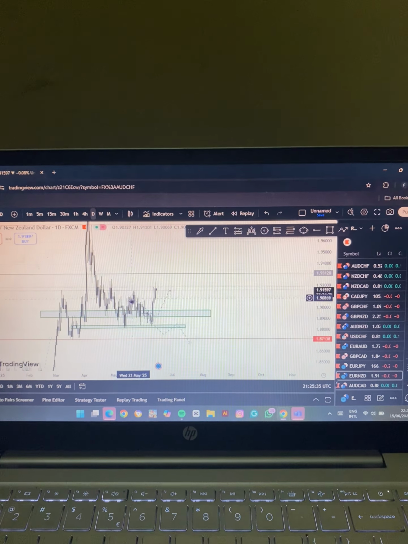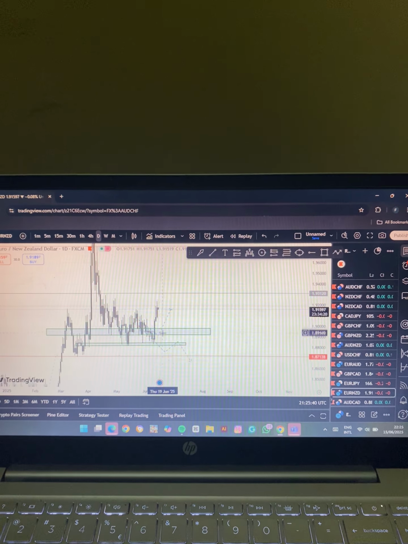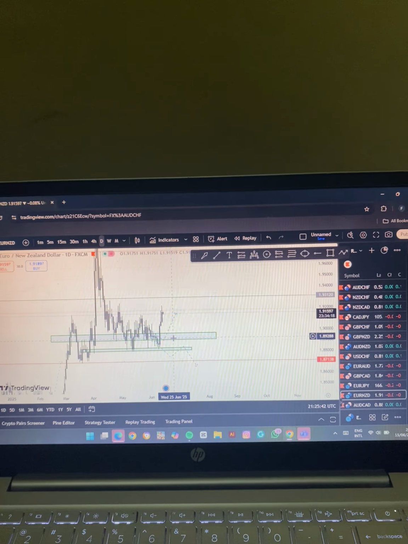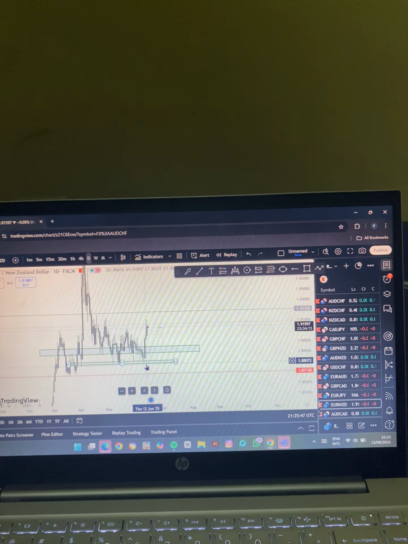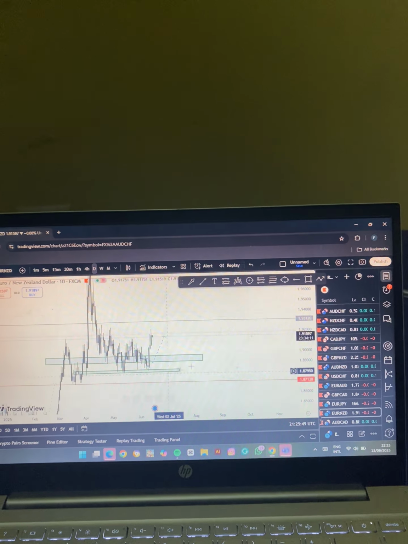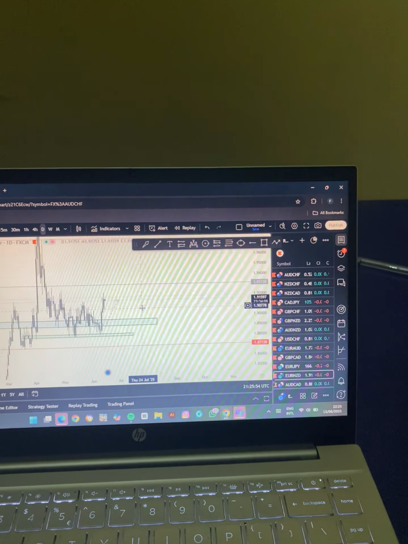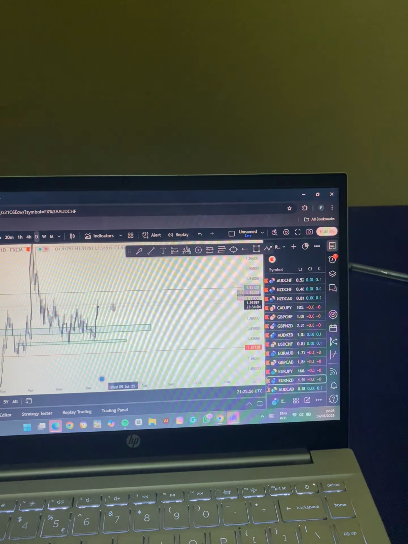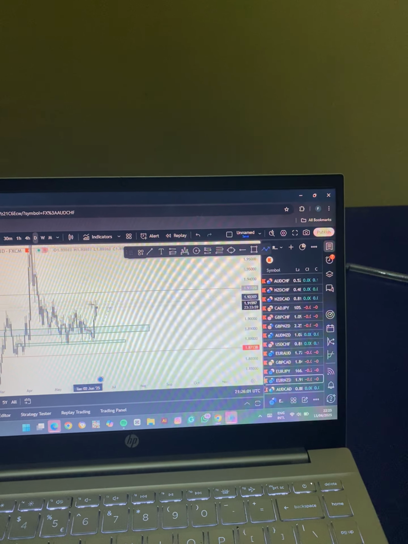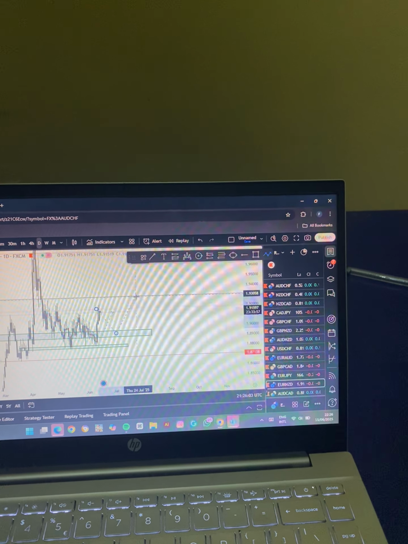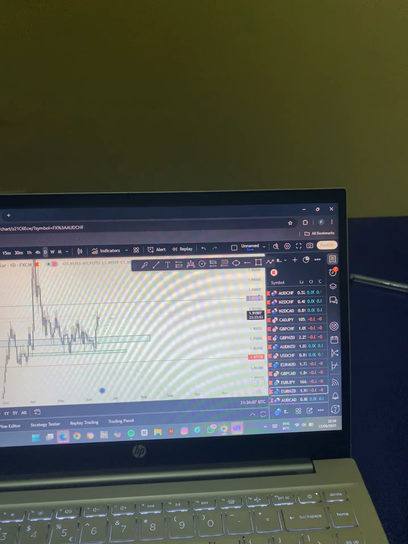I said if it came above, reacted to this area and pushed up, we'd look for buys, and that's what it did. I'm deleting this. This is still valid in case it wants to come. So this is a valid double bottom. You might see a push down, then go back up for the buys, to continue the uptrend.